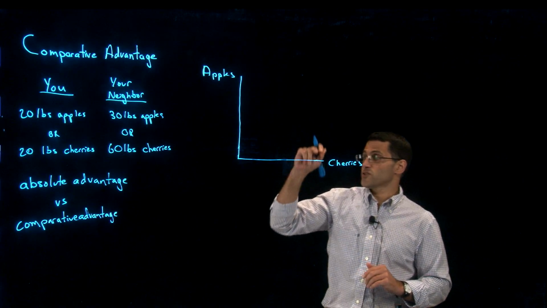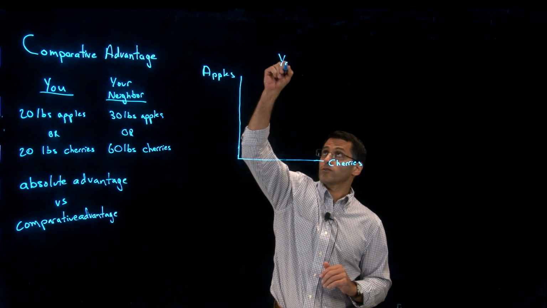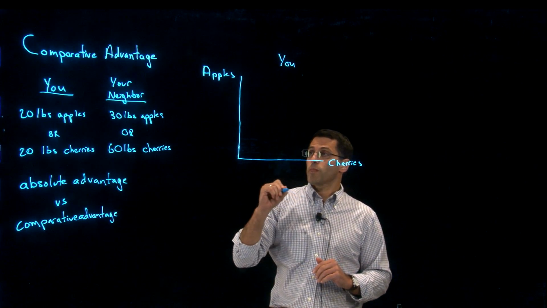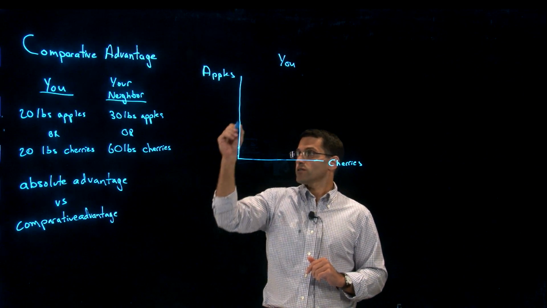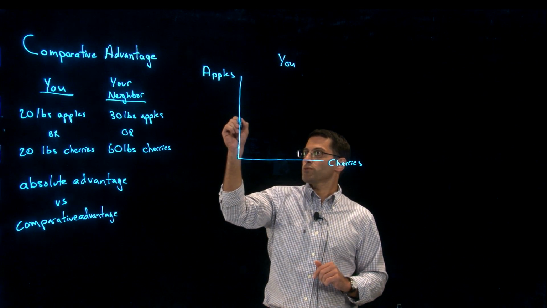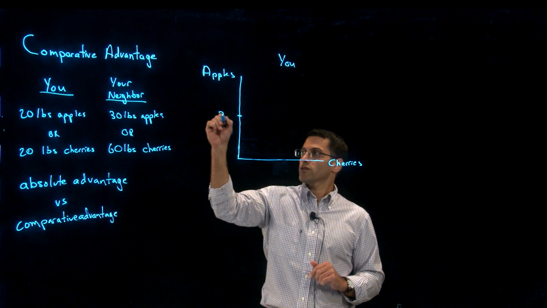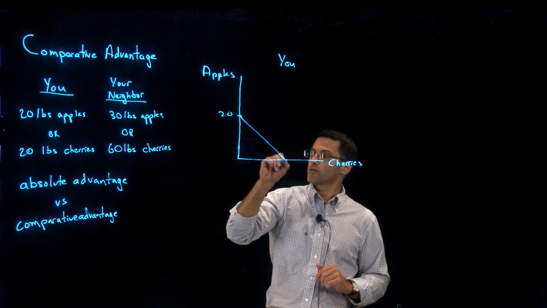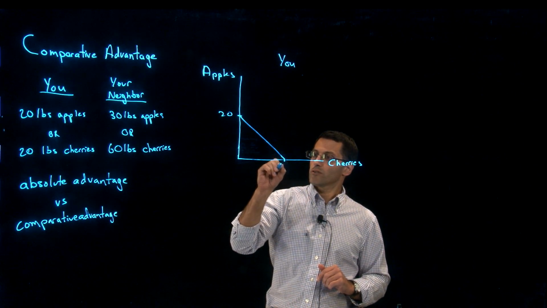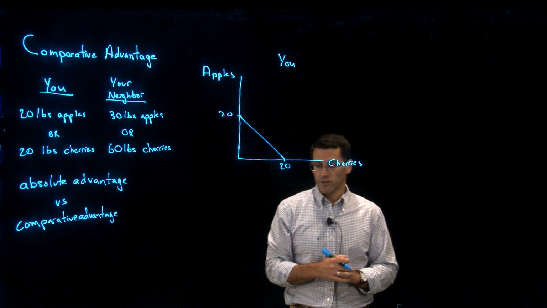And so let's say that this is your PPF. If it's your PPF, and we have those two endpoints, we say, well, you can produce or pick 20 pounds of apples or 20 pounds of cherries.